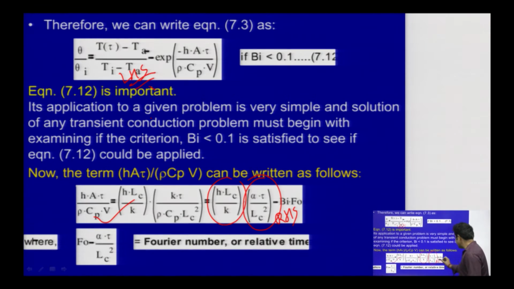Now we can write it as the product of the Biot number and another very important dimensionless number, that is the Fourier number. The Biot number we have already seen, that is h Lc by k, where Lc is the characteristic length, and the Fourier number is alpha tau by Lc square, where alpha is the same that we saw in the previous video while deriving the 3D conduction equation. That is basically thermal diffusivity. Okay.